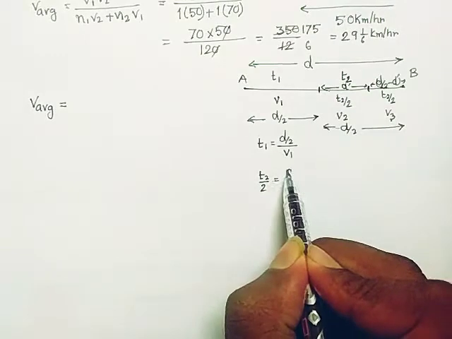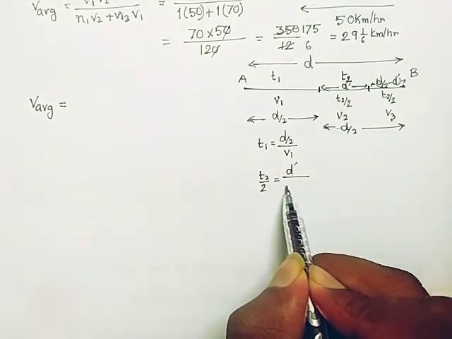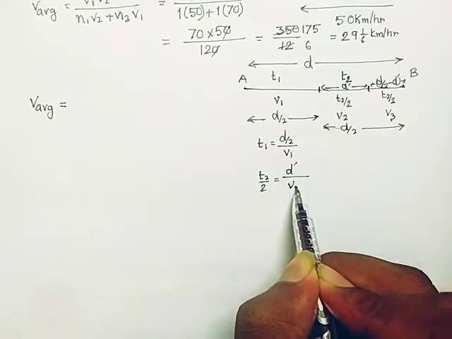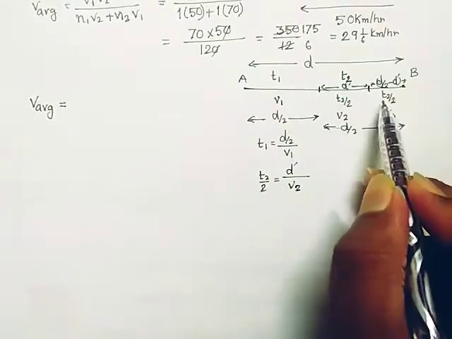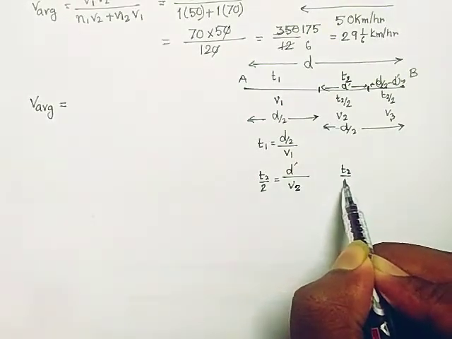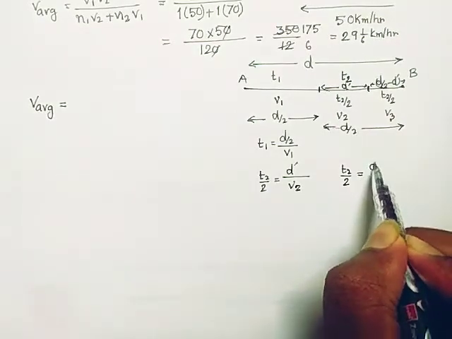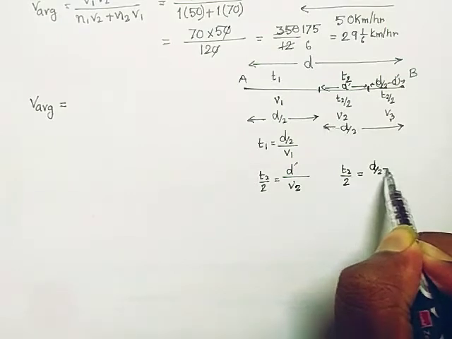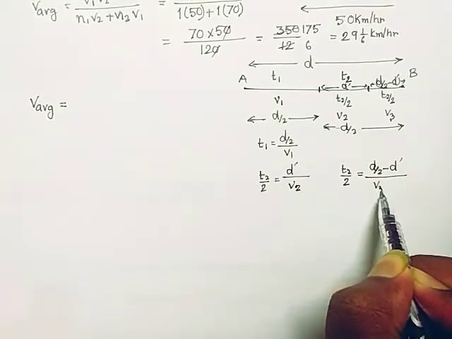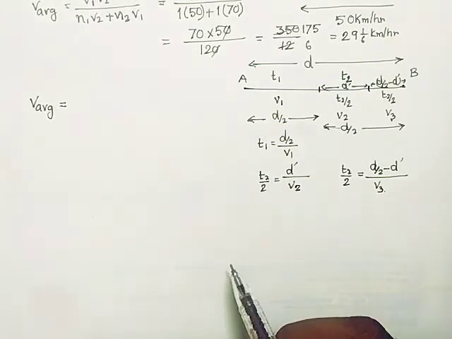So d prime equal to t2 by 2 equals d prime divided by v2, and for the rest of the part, the third section, t2 divided by 2 is equal to d by 2 minus d prime divided by v3. So this is the thing.